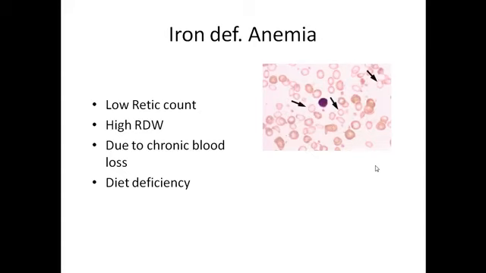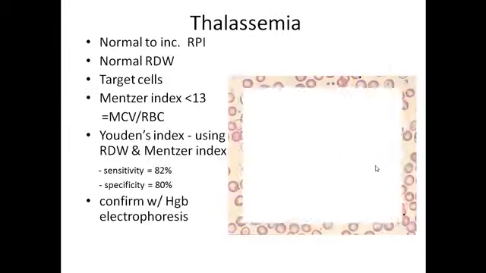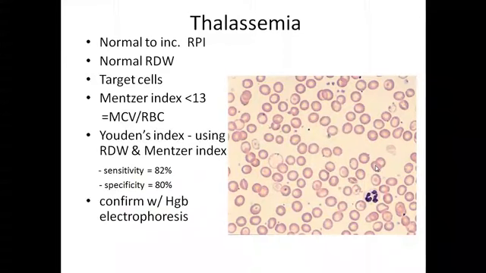Iron deficiency anemia: low reticulocyte count, high RDW due to chronic blood loss and diet deficiency. Thalassemia: a question is frequently asked to you, what is thalassemia and what is hemoglobinopathy? I think you should know the definition of thalassemia and hemoglobinopathy. Thalassemia: alpha, beta, major, minor. There are lots of types.